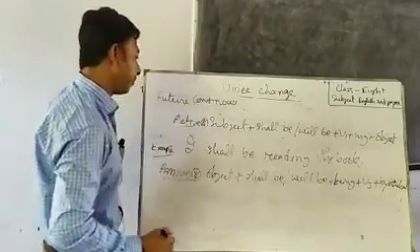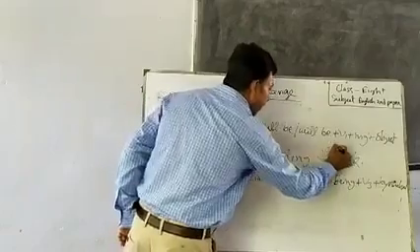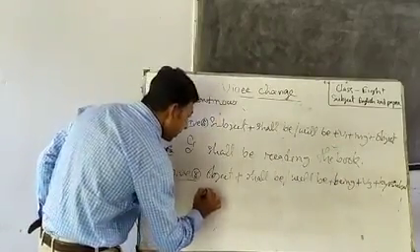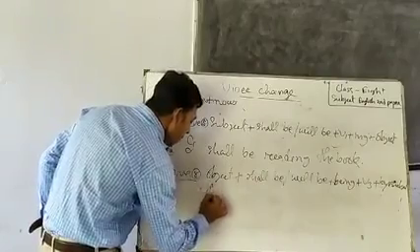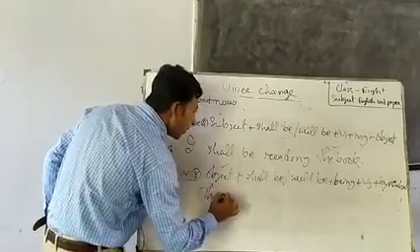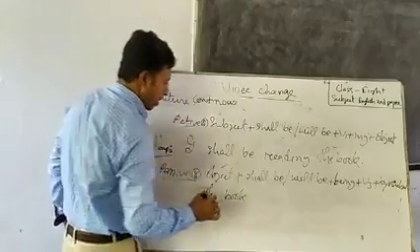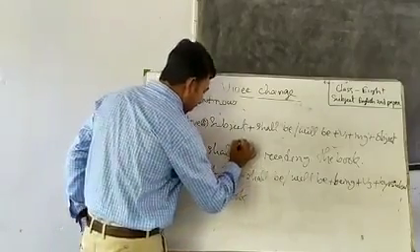First we write the book as the object. The book. And we write auxiliary verb.